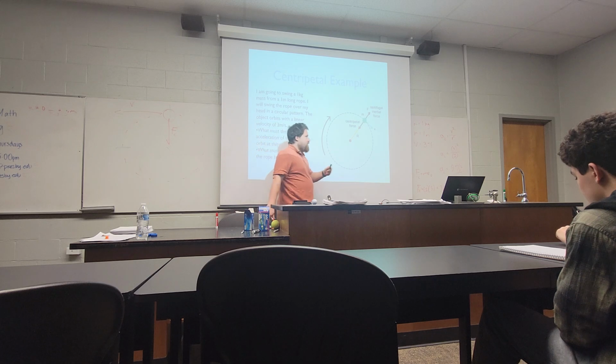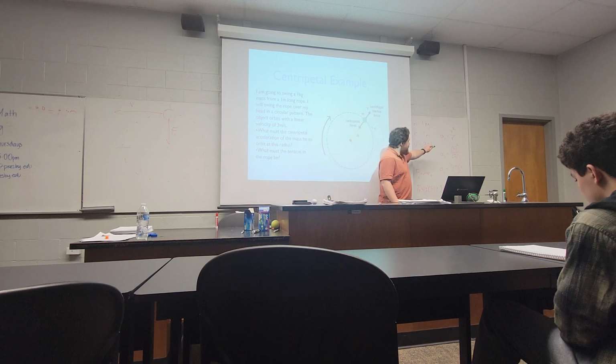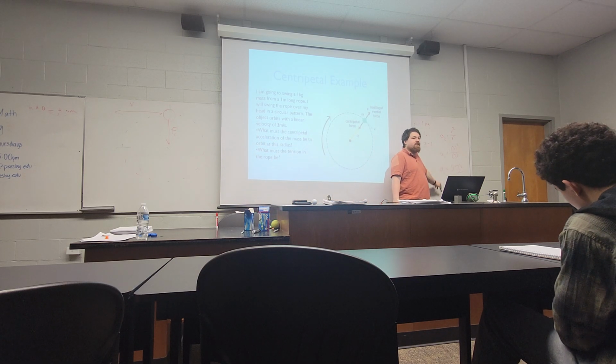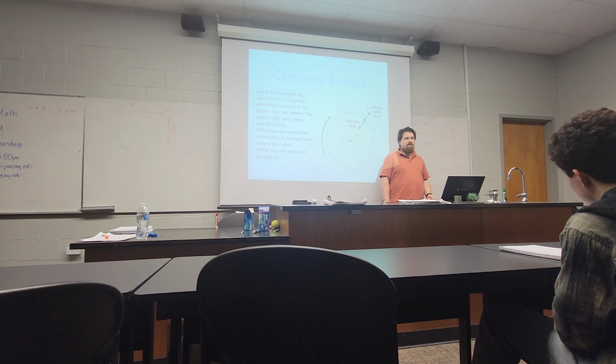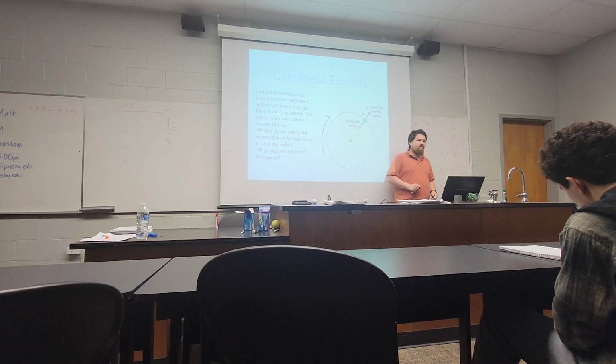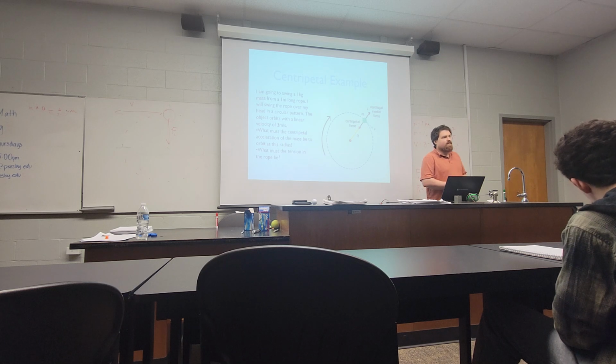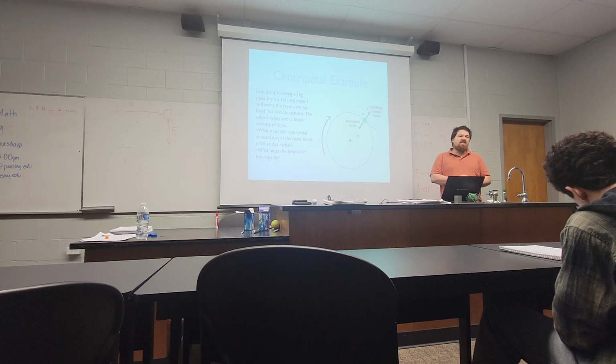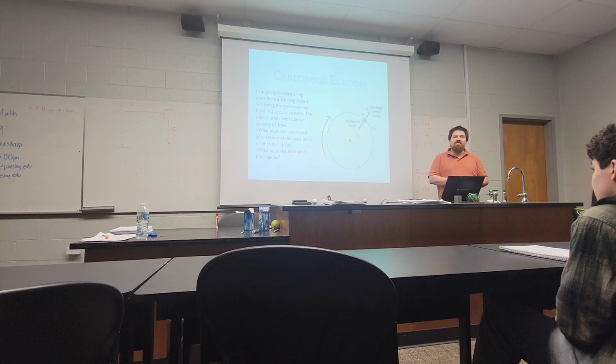So, the faster something is moving, the more centripetal acceleration and force is required in order to make it turn. And that is, again, why you tend to slow down to better control your turns in a car. Does that make sense as an application of this in real life?